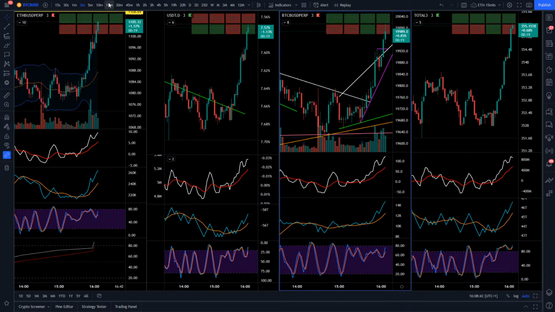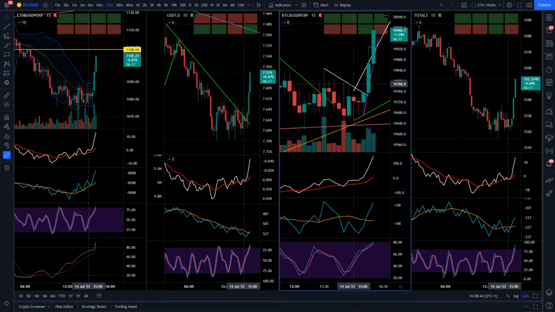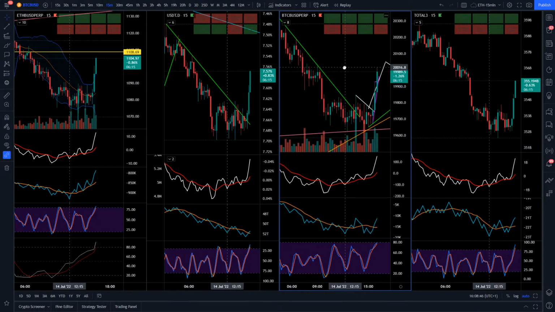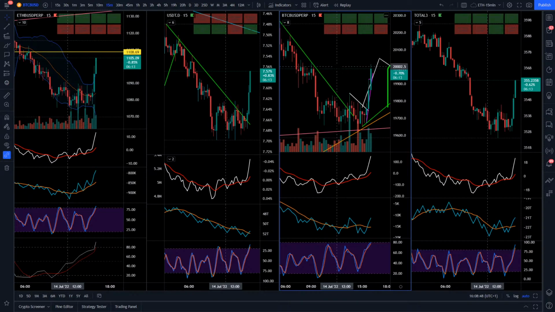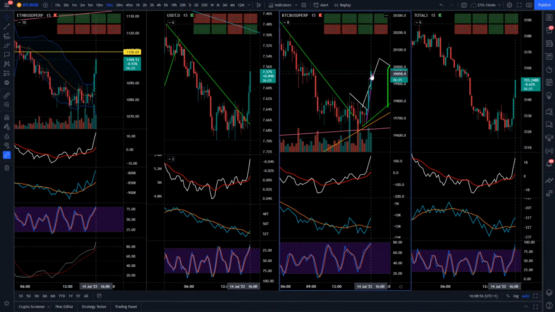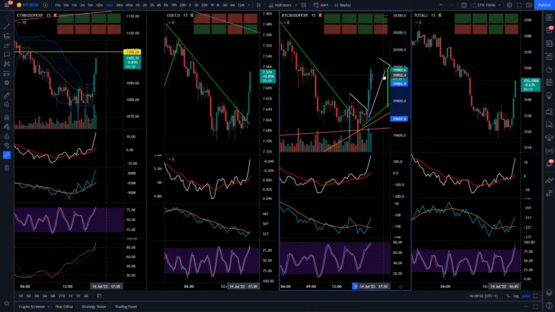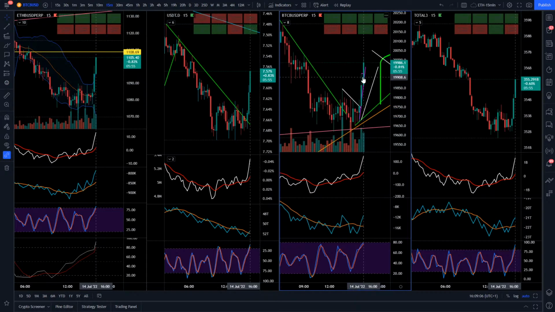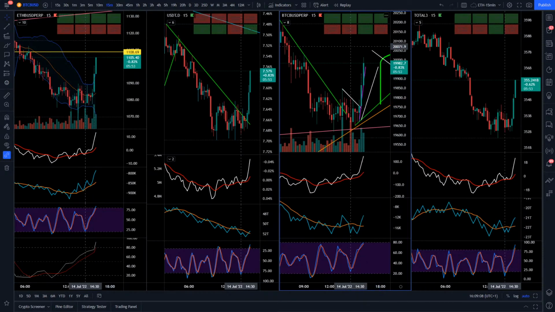If we look at 15-minute chart, I think that should be the end of our extended 15-minute time frame before it makes this. So basically a retracement. I'm looking for a retracement.